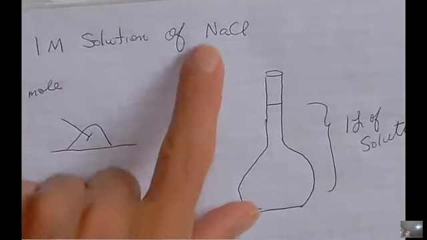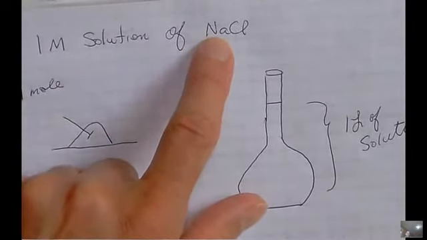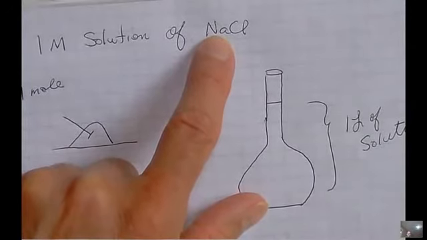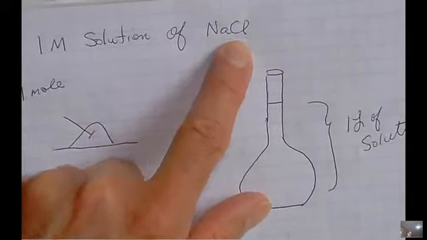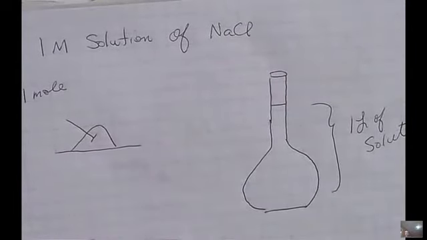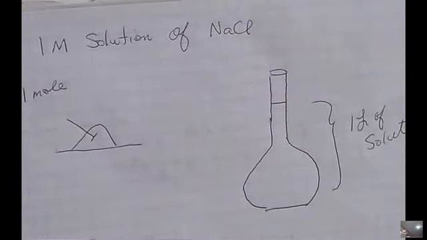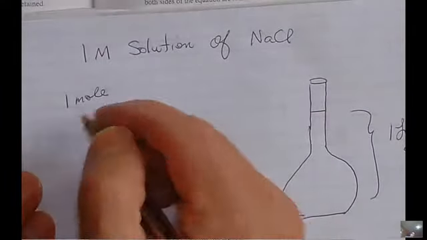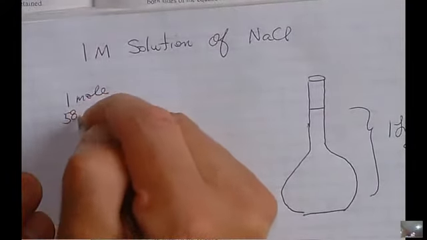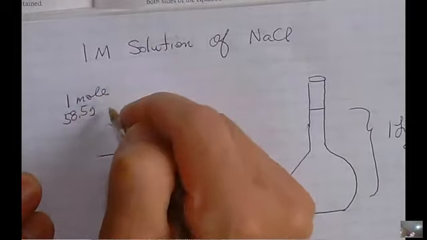We secretly know that sodium chloride has a molecular mass of 58.5. This guy's 23, this guy's 35.5. So the molecular mass is 23 plus 35.5 for chlorine comes out to 58.5. So not only is it 1 mole, but if I had to weigh it out, that turns out to be 58.5 grams of salt.